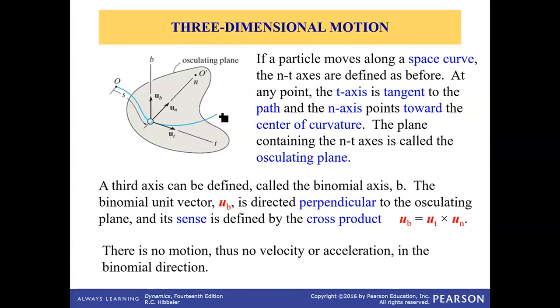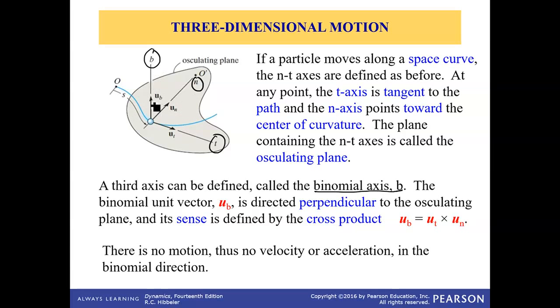When it's a three-dimensional coordinate system, then along with normal and tangential, we also have the binormal axis, for which we use the nomenclature B. So T for tangential, N for normal, and B for binormal. However, for the normal-tangent-binormal coordinate system, the particle has motion only in the normal-tangent plane.